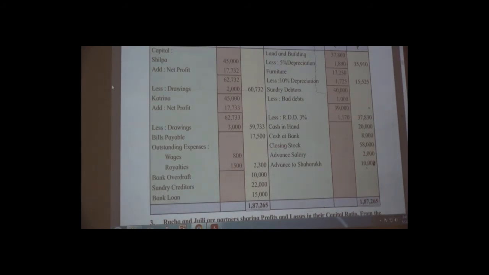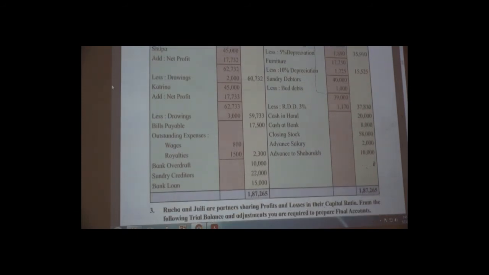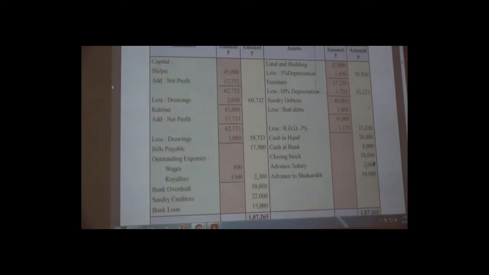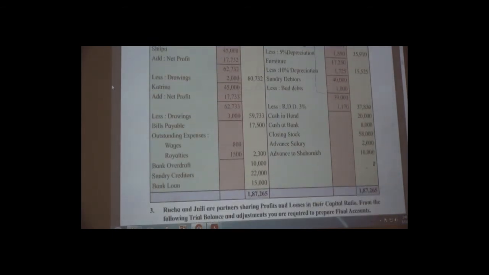Okay. Now fourth, read the fourth adjustment. Create a provision for bad debts rupees 1000 and reserve for doubtful debts at 3% on sundry debtors. See, in our fourth adjustment, it is said that we will have to maintain further bad debts of rupees 1000. All of you know, in adjustment, further bad debts means these are the new bad debts.